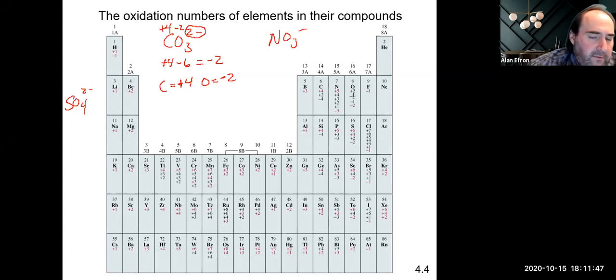If we go to nitrate, oxygen is -2, a good place to start. We have a -1 overall charge, so it needs to equal -1. To get us there, the nitrogen needs to be +5. So nitrogen is +5 and oxygen is -2.